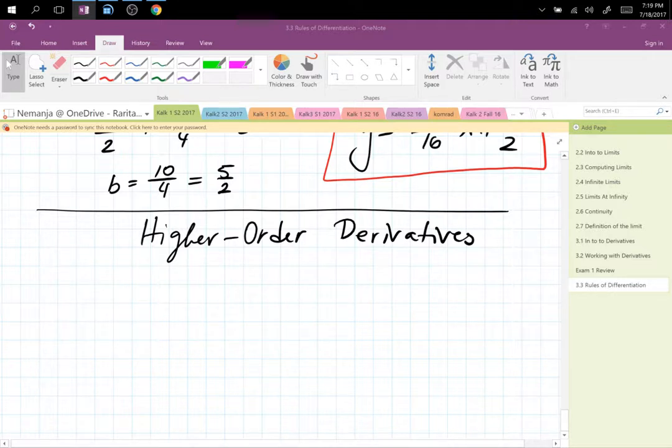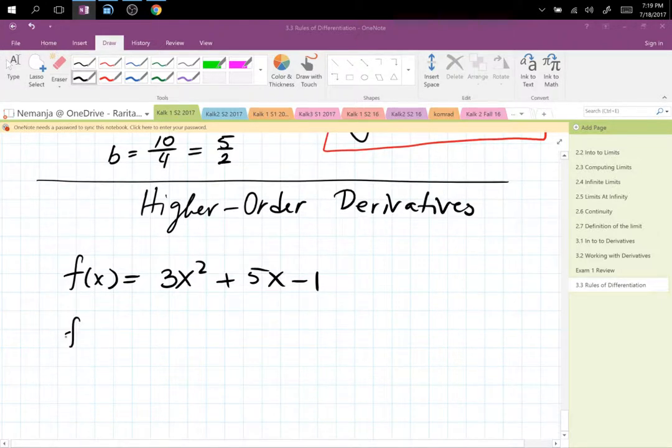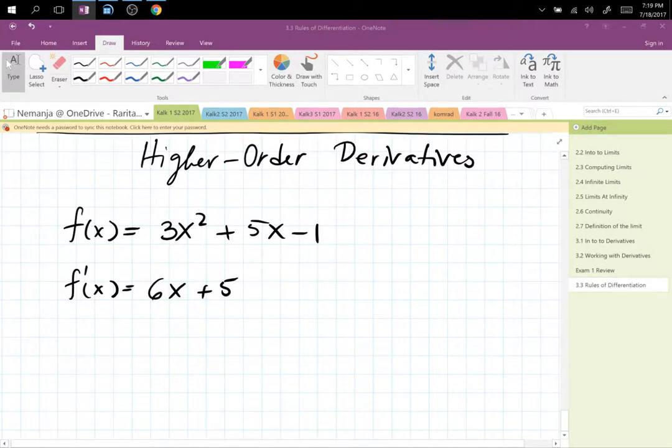So if I have a function, this is extremely short, 3x squared plus 5x minus 1, and I take the first derivative, that's 6x plus 5, right? I can take another derivative and get the second derivative, which in this case would be 6.